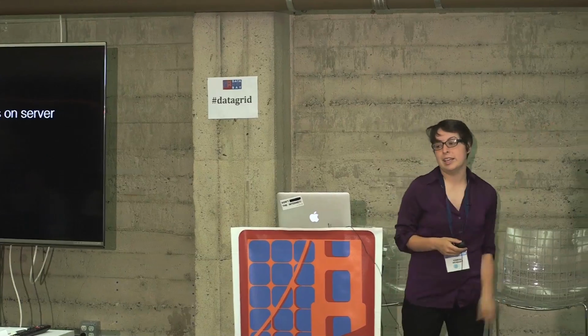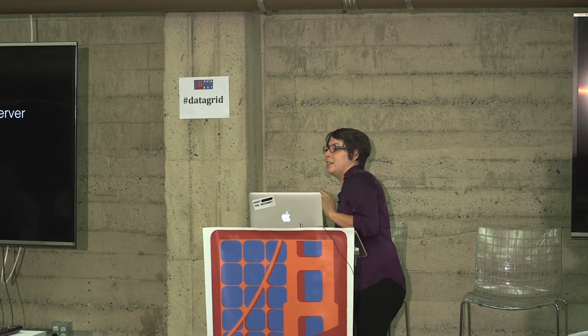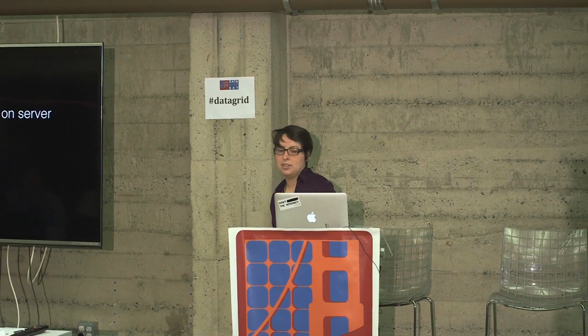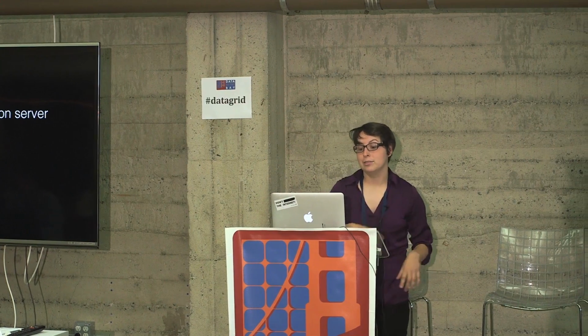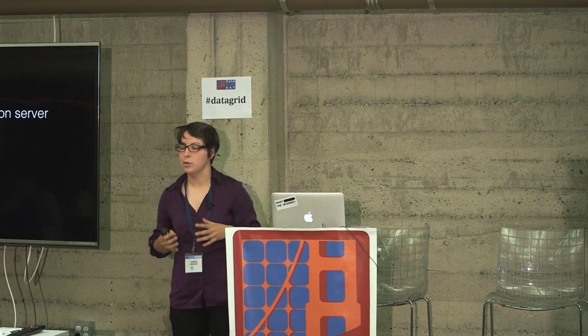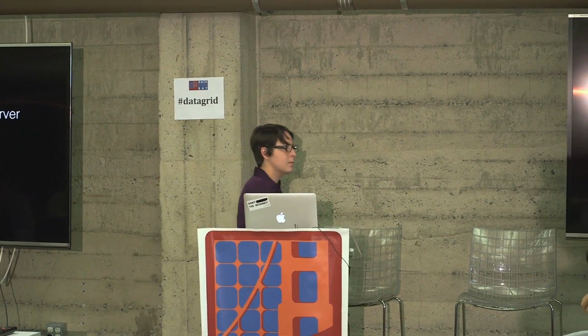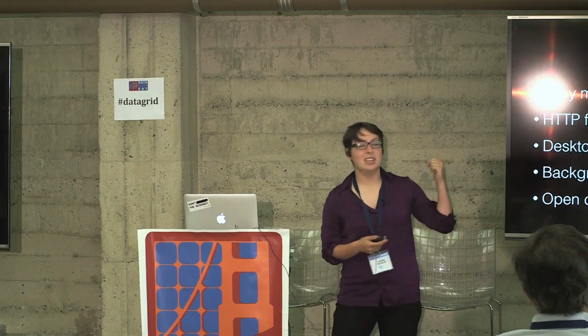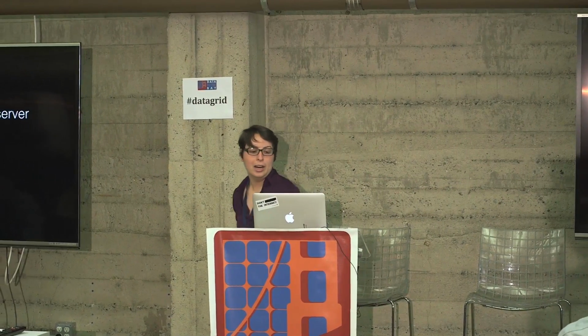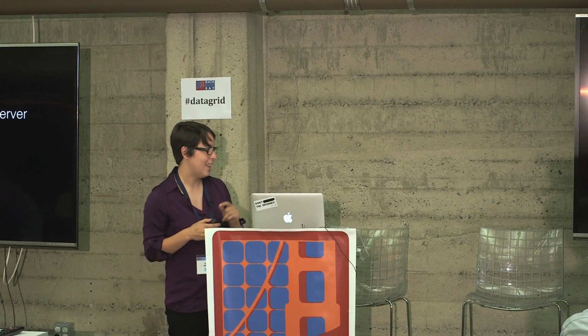The second thing we want to do is HTTP fallback. That'll make it really nice if you want to use Google Cloud Storage or S3 or Internet Archive or something like that. So we're going to have an archive format that you can put on an HTTP server. Then we're going to have a desktop application release to make it really easy for your friends who don't use the command line.